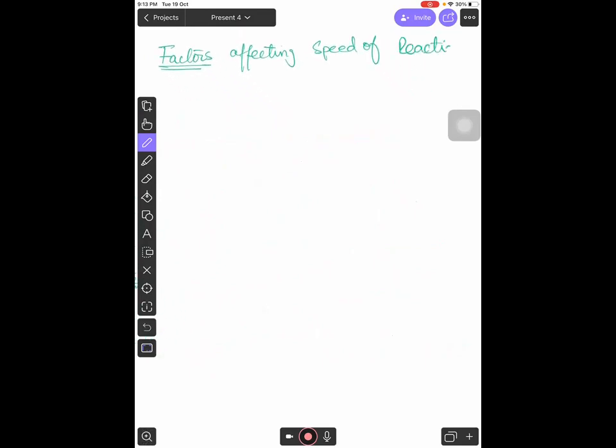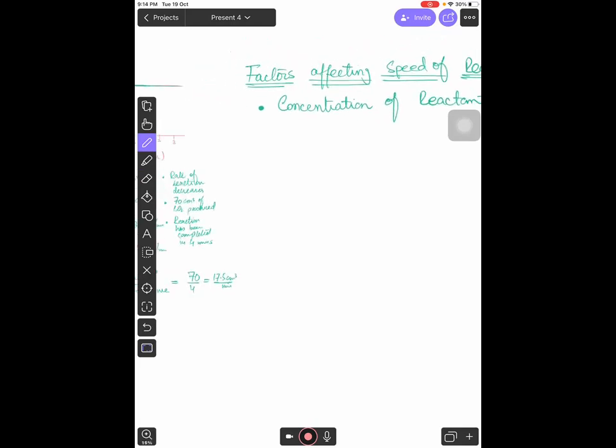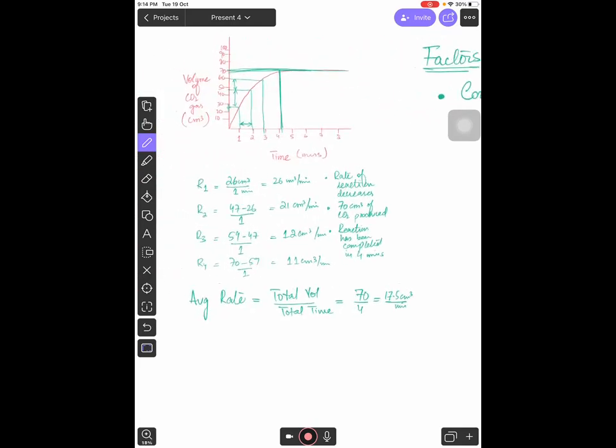Right? So we have few factors that can affect the speed of the reaction, and they are what? The first one is what? Definitely the concentration. The concentration of reactants, right, bacho? We know that, for example, over here in the graph, if I double the concentration of reactants, definitely the reaction will be faster.